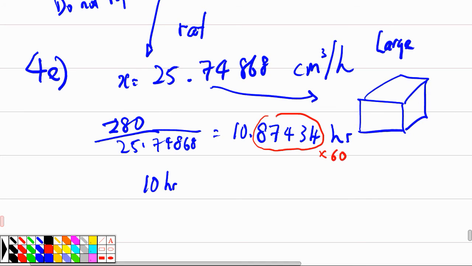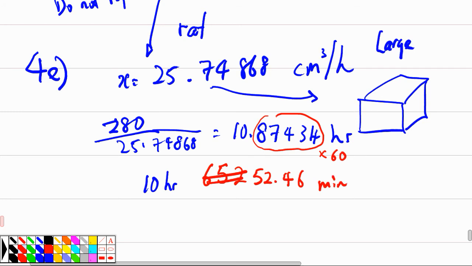So what is the answer? Oh, they want to find the total answer in minutes? No, what I mean is you take this fraction times 60, what do you get? 0.8743 times 60 is 52.46 minutes.